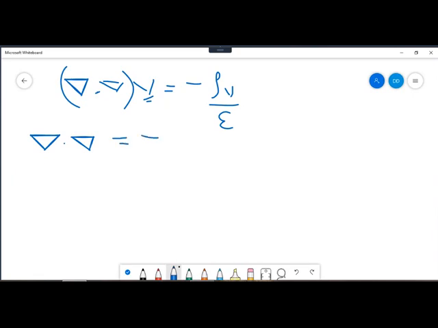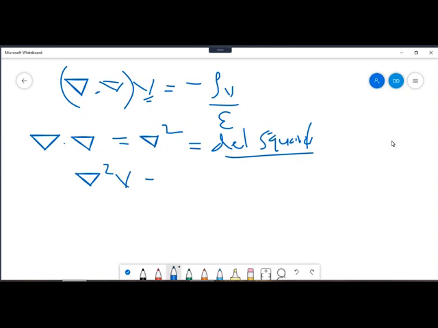Gradient dot gradient can be written as gradient square, just like x into x is x square. Similarly, del dot del is del square, known as the del squared operand. So I can write this as del square V equals minus rho V by epsilon.